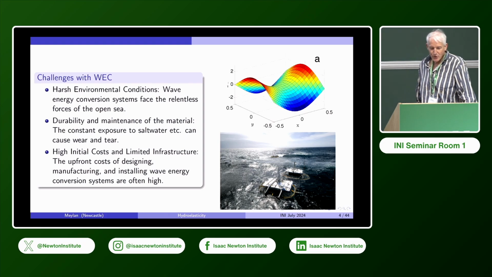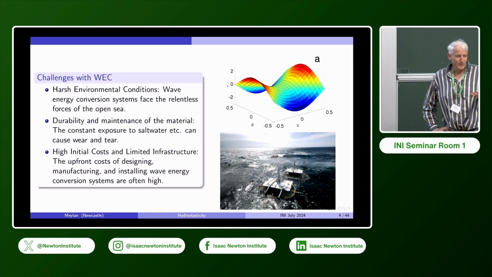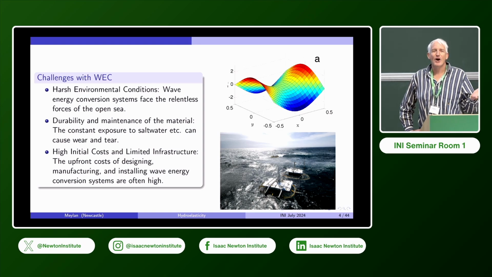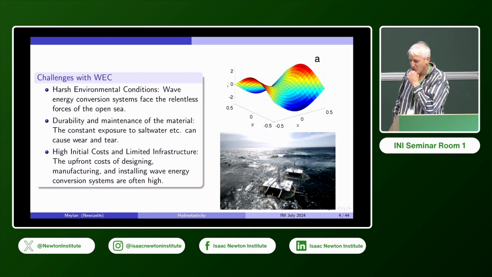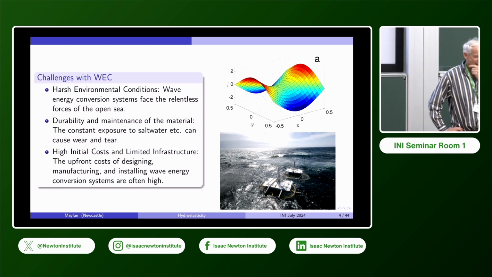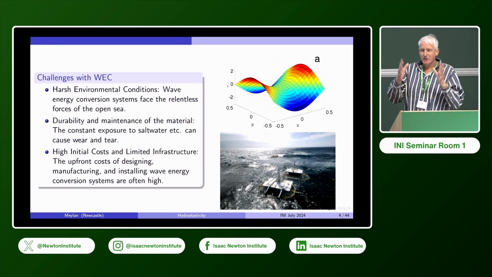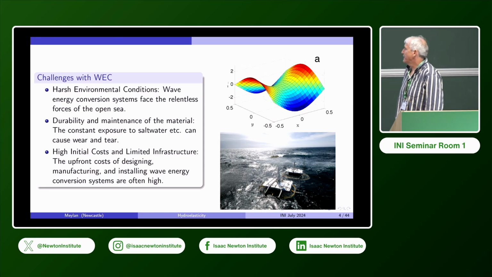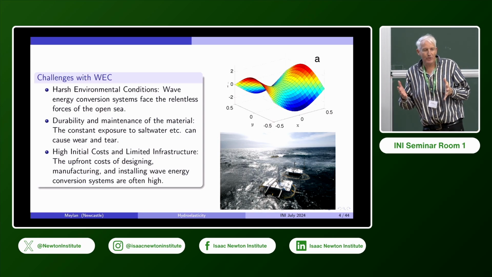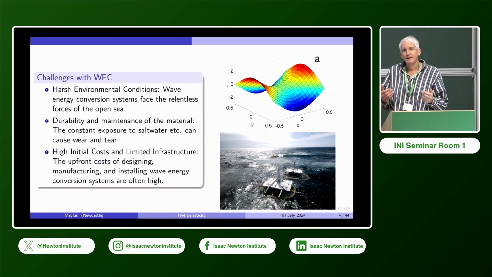All right, so there's just a whole lot of problems. One of the things is, it's a bit like back in the day, people were trying to be the first person to climb the north face of the Eiger. And the advice given to the people who were attempting this was to first visit the graves of those who'd done it before. So with wave energy converters, there are these wave energy parks where people can go and install their prototypes. And what happens is someone comes up with an invention for a wave energy converter and they put it into the laboratory and it works really well.